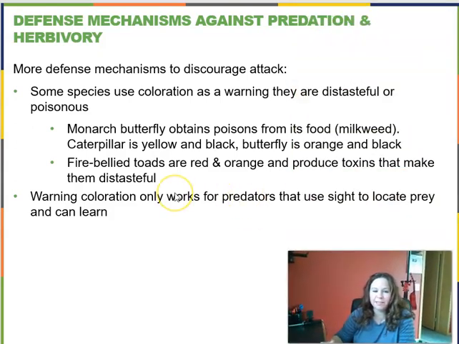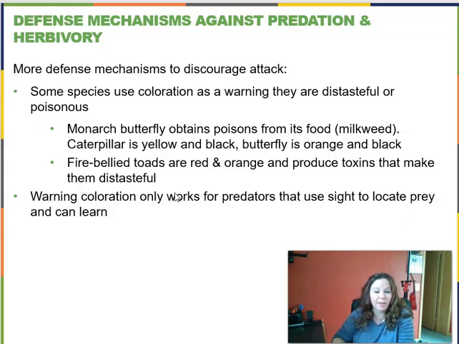More defense mechanisms to discourage attack include some colorations used as a warning to let predators know that, hey, I'm distasteful, I don't taste very good, or I'm poisonous, like the monarch butterfly and its caterpillar, obtaining poisons from its food, the milkweed plant. And also the coloration of the caterpillar is that yellow and black as a warning, and the butterfly is orange and black also as a warning.